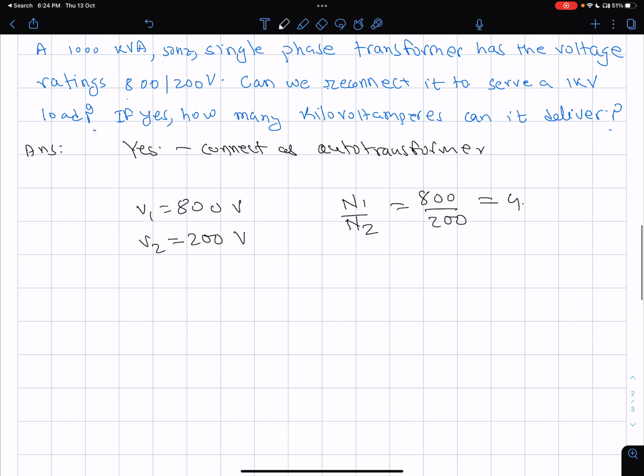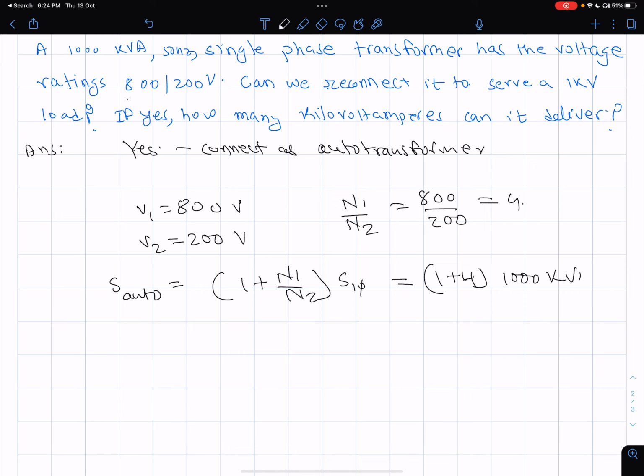So we saw that the S rating of the auto transformer is going to be equal to 1 plus N1 by N2 times the S of the single phase transformer. So this is 1 plus 4 times 1000 kVA, which is 5000 kVA, or effectively 5 million volt ampere. So you have got a 5 times boost here.